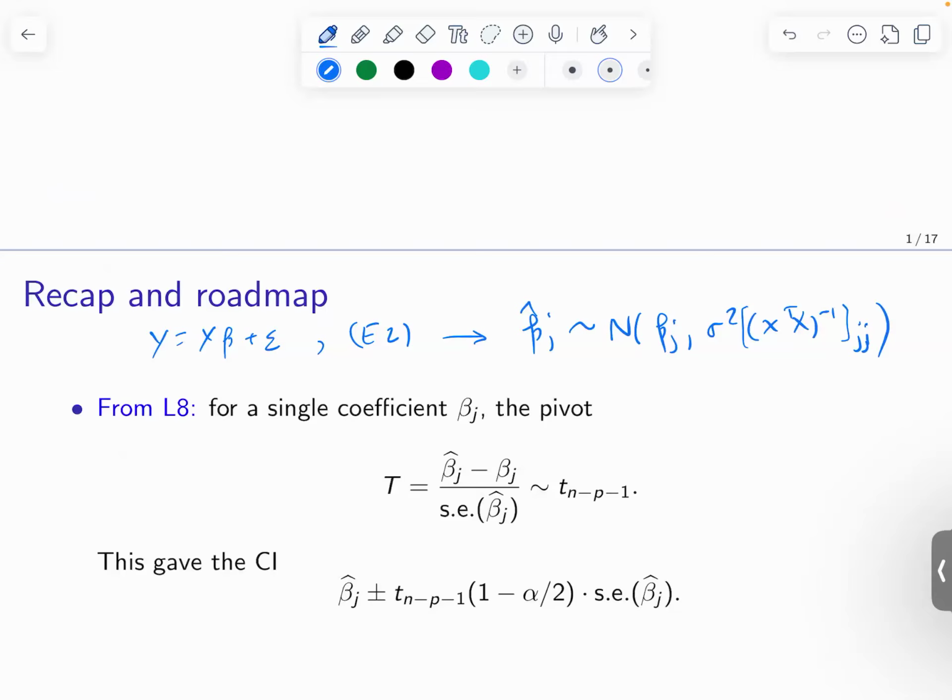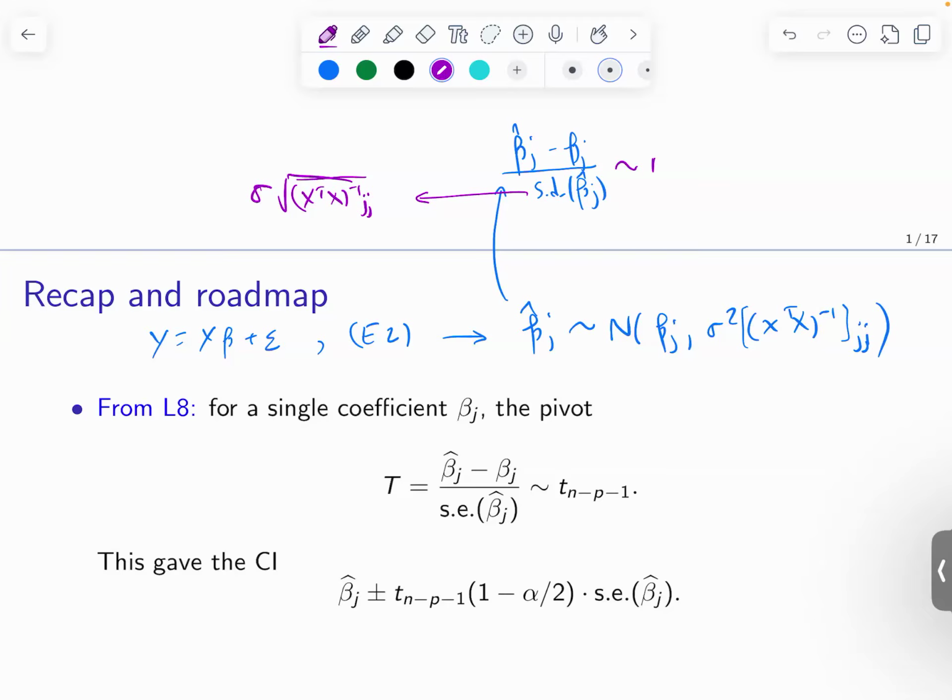was basically, again, to remind you, beta hat j minus beta j divided by the standard deviation of beta hat j, which would be this quantity, sigma square root X transpose X inverse jj. So that's the standard deviation.